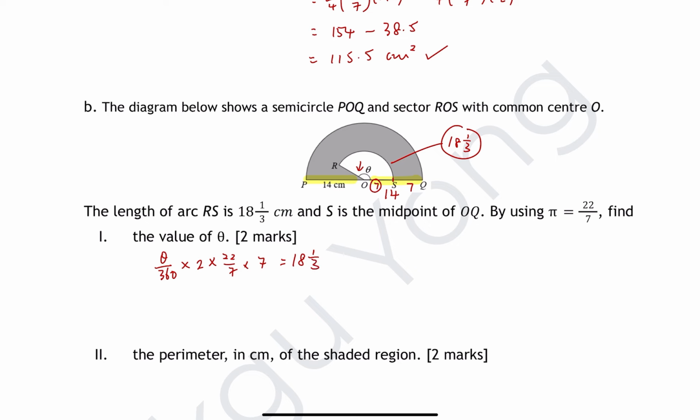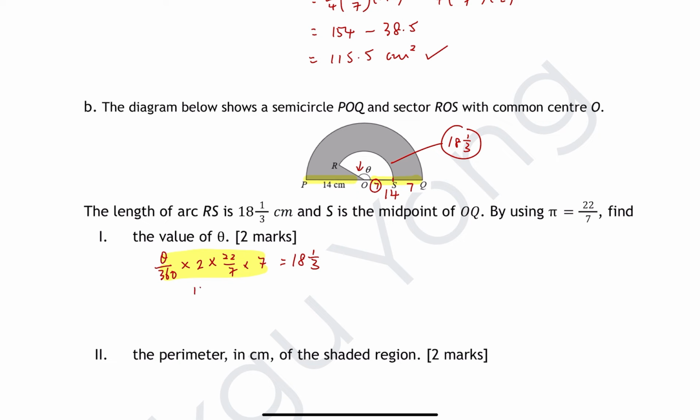You will have 55/3. Okay, but before you continue, basically you can just mix everything here together. Let's see, you have 1/360 times 2 times 22/7 times 7.